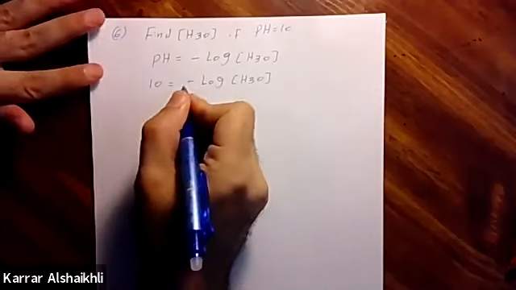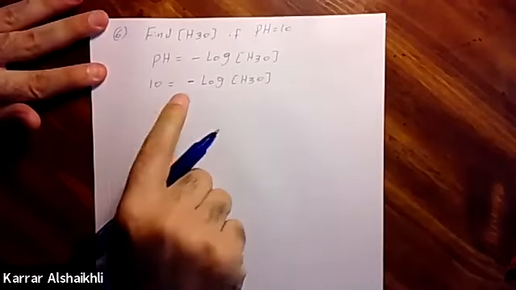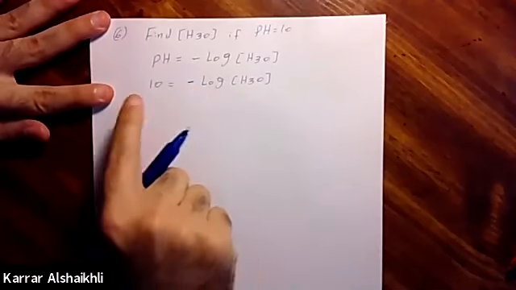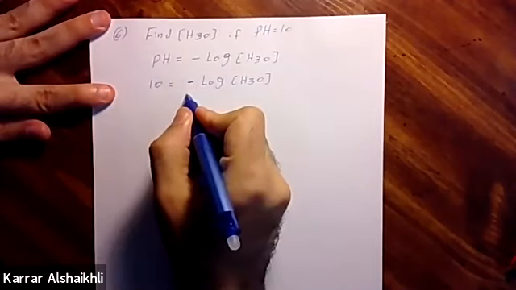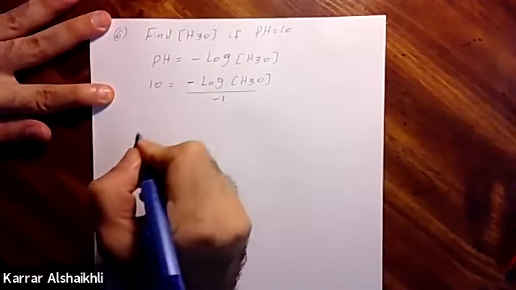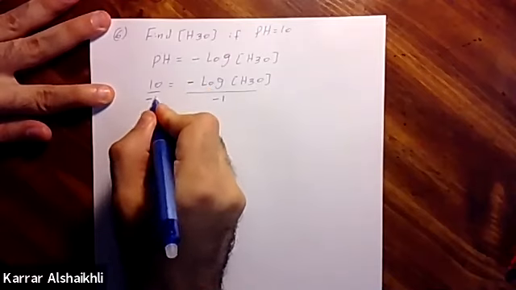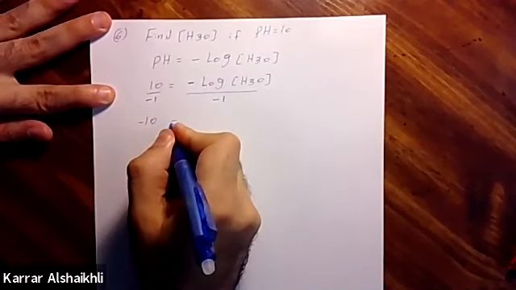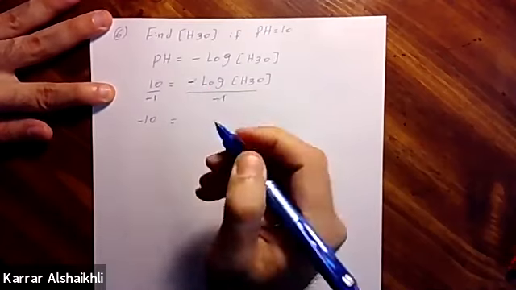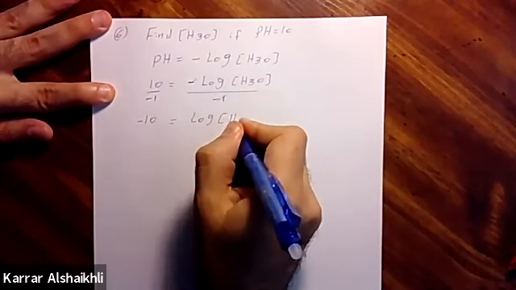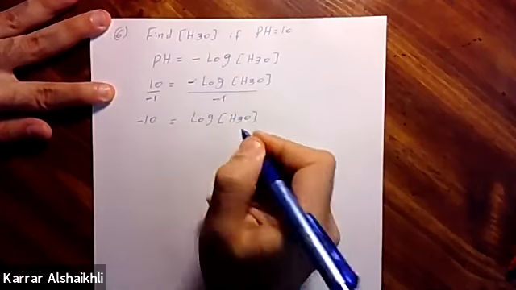Here's the thing. Next step, there is a negative sign here. That means there is a -1 here. So I'm going to divide both sides by -1. There's an invisible -1 here, so divide both sides by -1. On this side it is going to be -10 equals, cancel the negative here, log H3O.